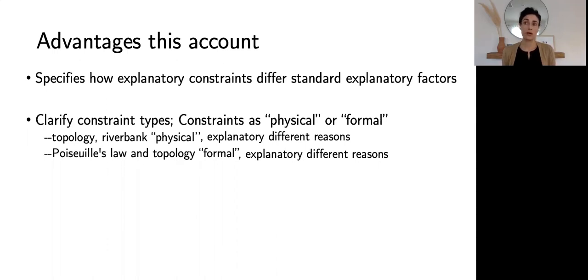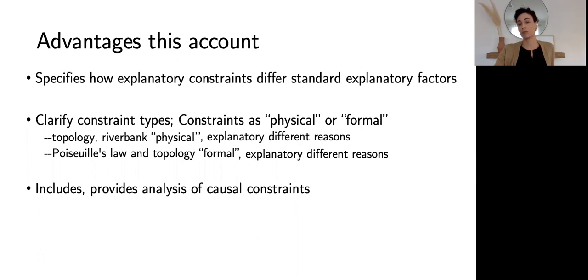With Poiseuille's law, we have an explanatory constraint that is law-based. And with topology, we have an explanatory constraint that is mathematical. By just saying that these constraints are formal, we're not able to capture that distinction, right? And my analysis is able to capture these differences between the sense in which these different factors are explanatory.